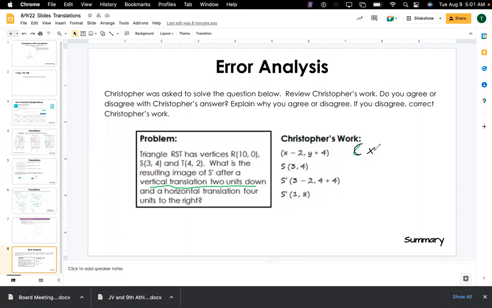It should have been X plus 4 and Y minus 2. So if he took S, what he should have done is say 3 comma 4, and 3 plus 4 is going to give me 7, and 4 minus 2 is going to give me 2. And that should have been his answer. So I disagree with Chris because he messed up.